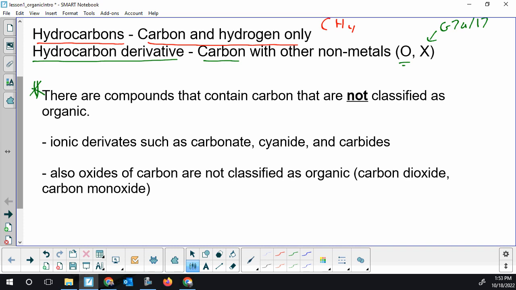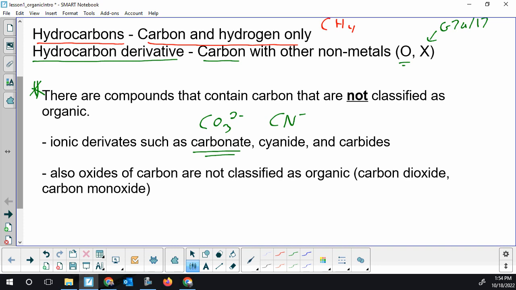You need to recognize that ionic derivatives of carbon, such as carbonate, are not classified as organic. So carbonate is CO3 2-. Okay. Cyanide, CN-. Okay. Cyanide is not considered to be an organic compound or derivative. Okay.